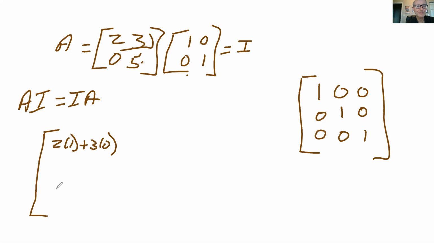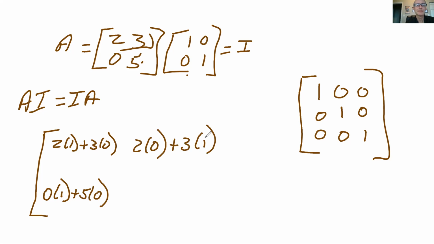And then second row, column 1 is 0 times 1, and then plus 5 times 0. And then column 2, row 1 would be 2 times 0, plus 3 times 1. And then column 2, row 2 would be 0 times 0, and then plus 5 times 1.